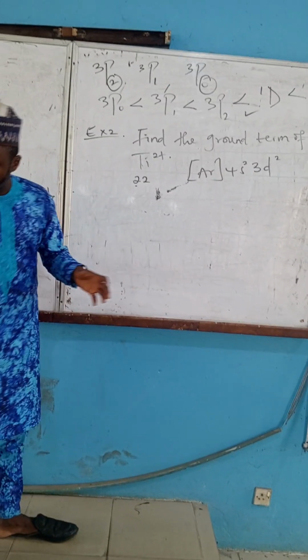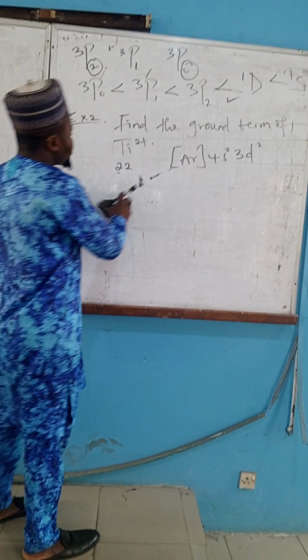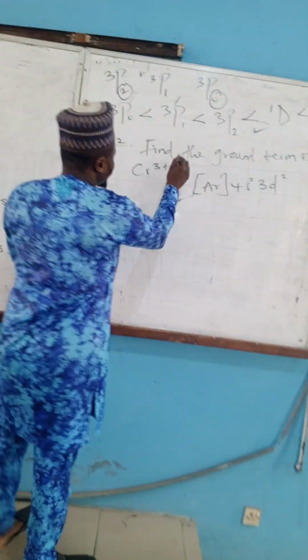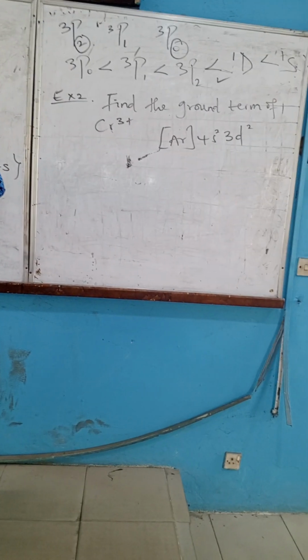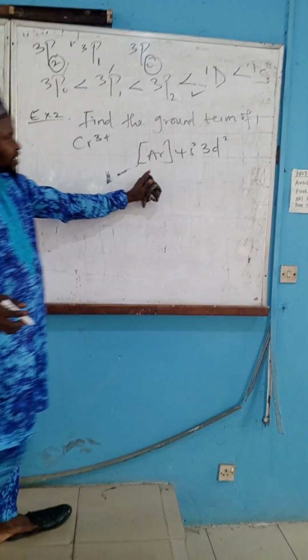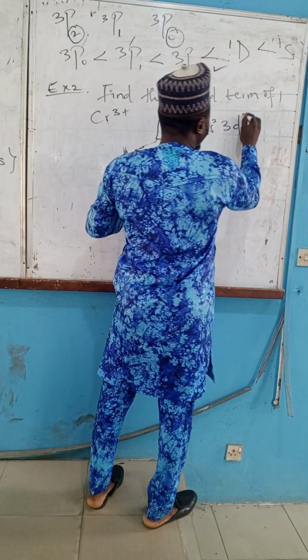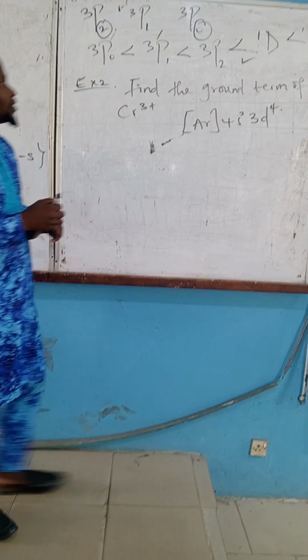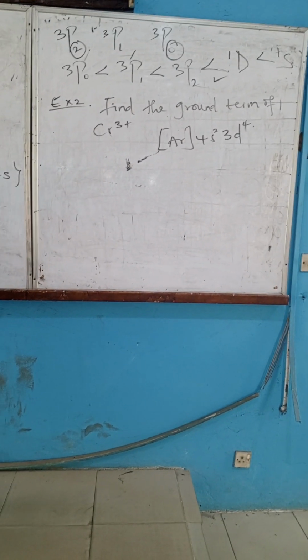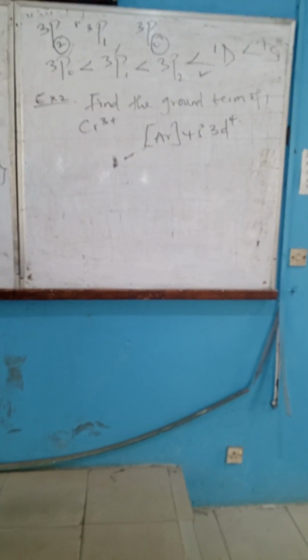Or let me use STV crew, let me use chromium 3+. STV crew: 21, 22, 23, 24. Find the ground term of this free metallic ion.